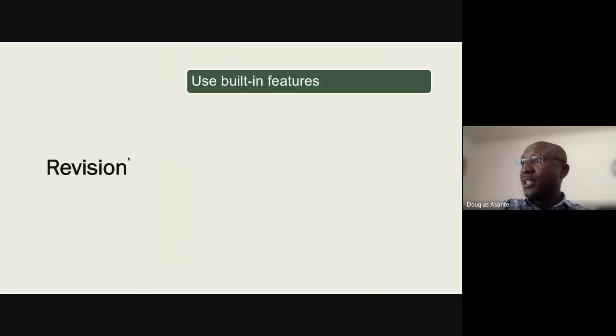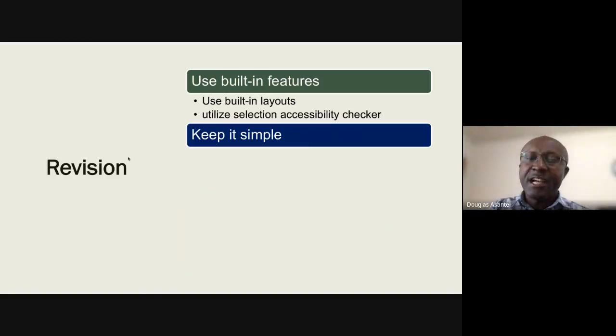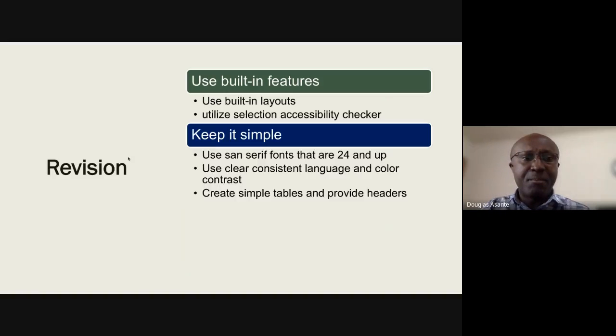So this is what we've been talking about: use inbuilt features for your documents or slide decks, and make sure you use the accessibility checker to scan for any accessibility issues. Then keep it simple.